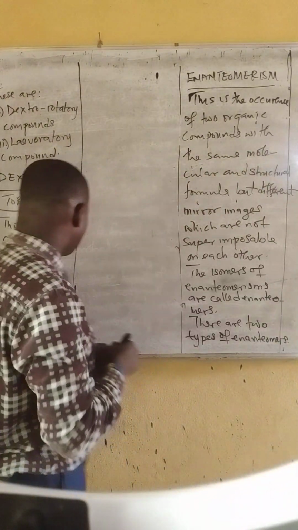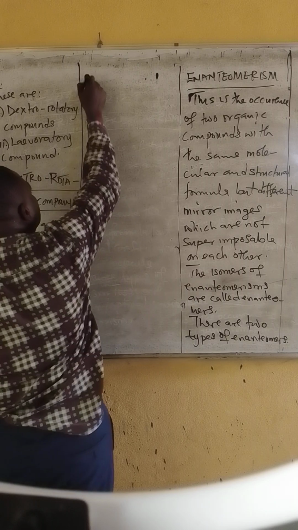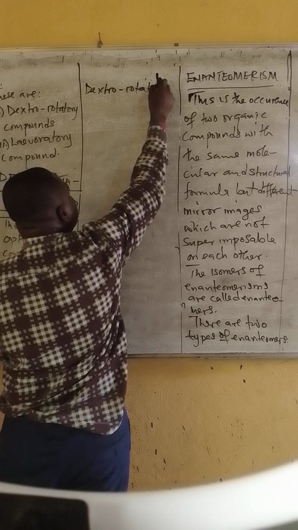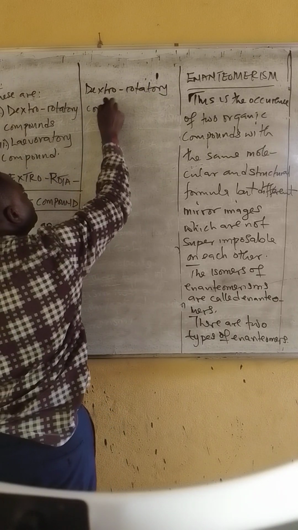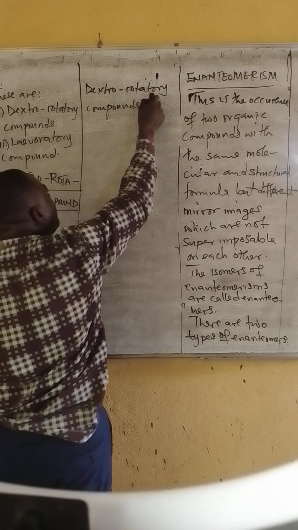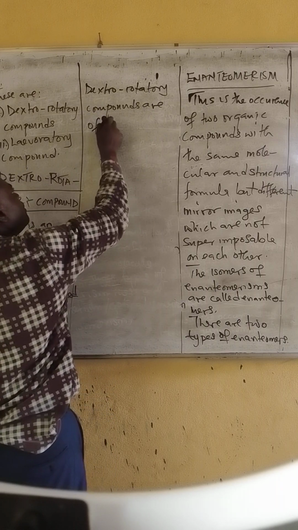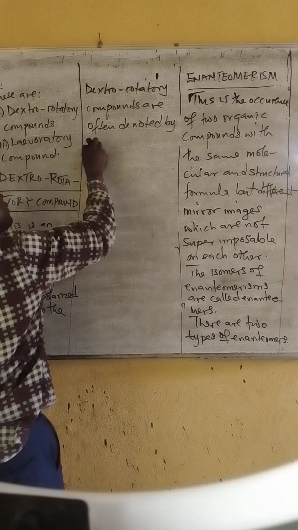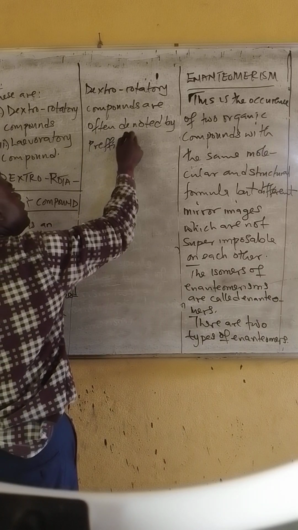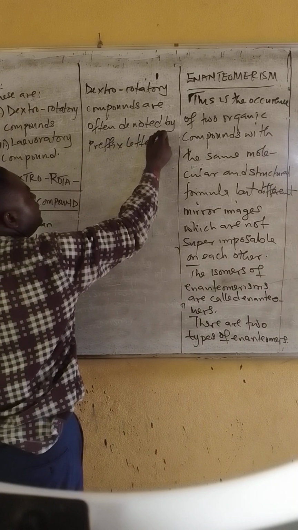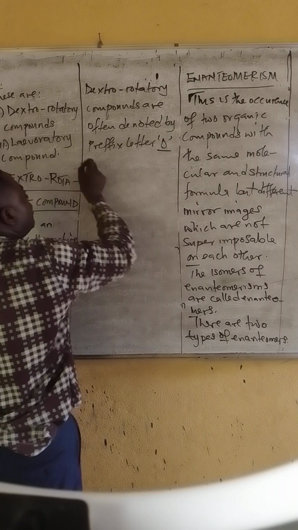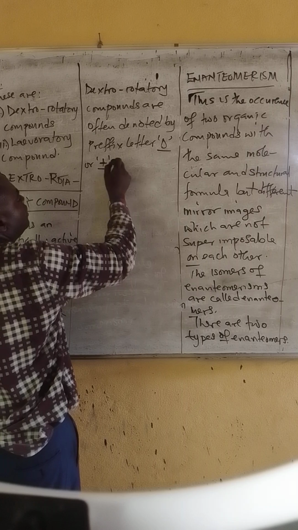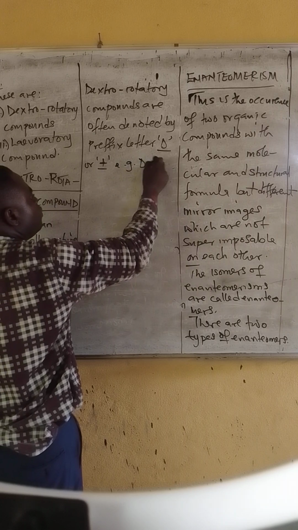Now, take note of one thing. Dextro-rotatory compounds are often denoted by the prefix letter D or plus, e.g. D-glucose.